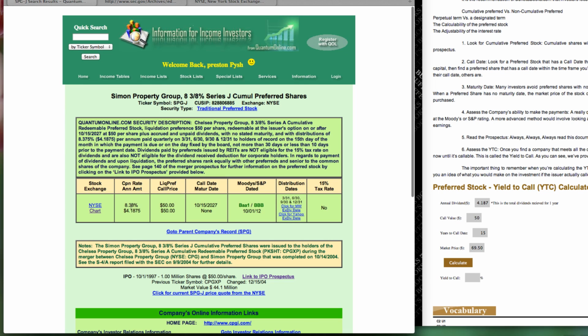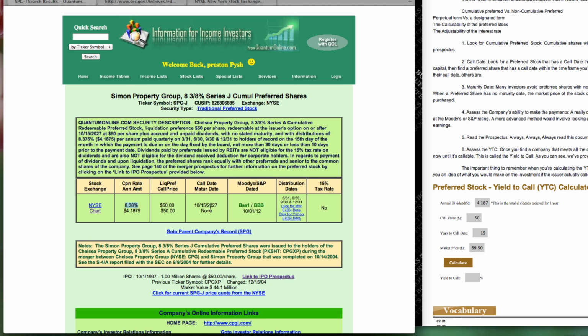When it says the coupon rate is 8.38%, that doesn't mean you're going to get 8.38%. That just means that if you could buy it at the original price they issued it at, which was $50, you would get that 8.38% until the preferred share is called, or you would continue to receive it forever since it has no maturity date.